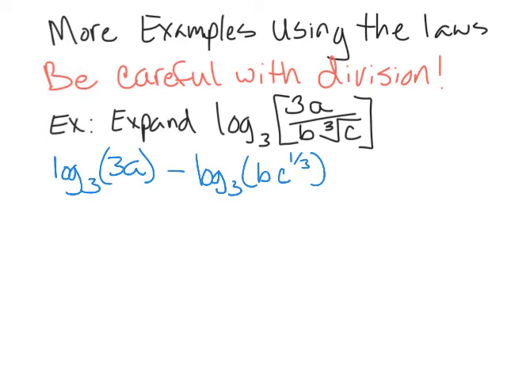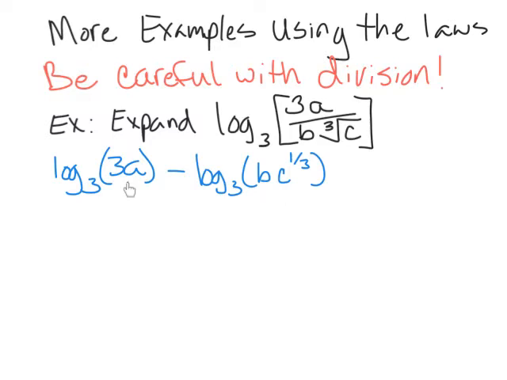So here's where you have to be careful. This entire thing needs to be negated when I break it apart. So you either put parentheses here or a subtraction sign in front of each logarithm when you separate them.